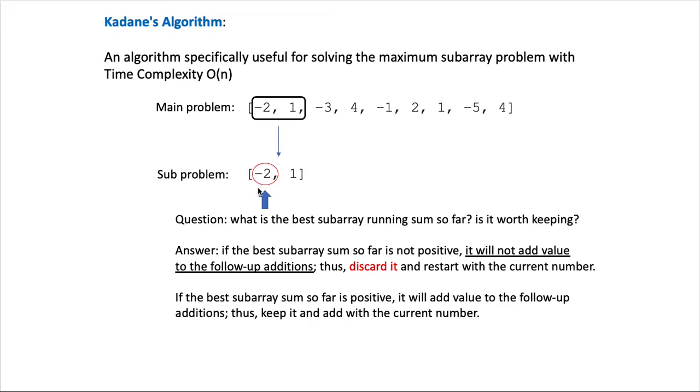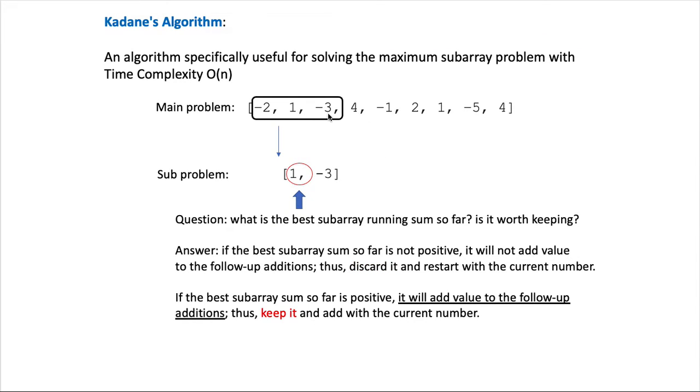The answer here is that since -2 is not positive, it will not add value to the follow-up additions. Therefore, we discard it and restart with the current number 1 as our running sum. Then we can move on to the next number in the main problem.